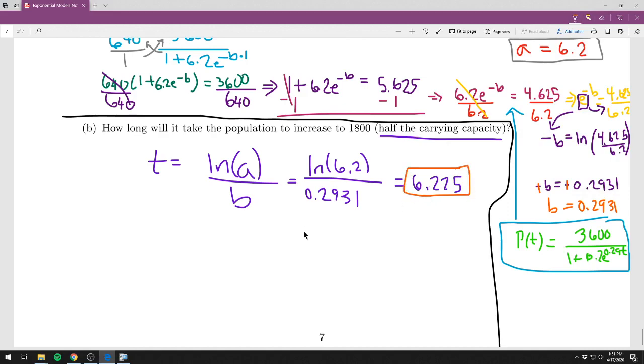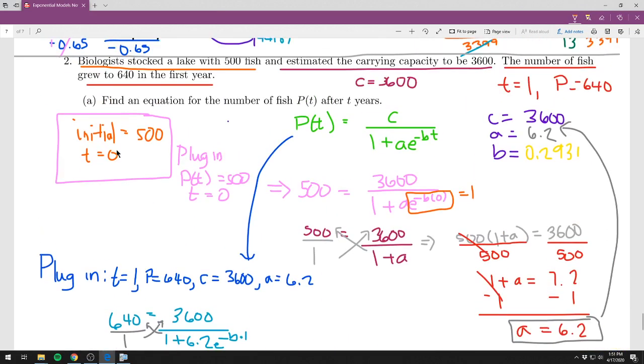Remember the problem, if you've forgotten at this point, the problem we are asking is talking about fish in a lake. It starts with 500. It has a carrying capacity of 3,600. The reason why this makes sense is if there's too many fish in one lake, then there won't be enough food for them and some will die because they'll compete for the food and they'll go hungry.